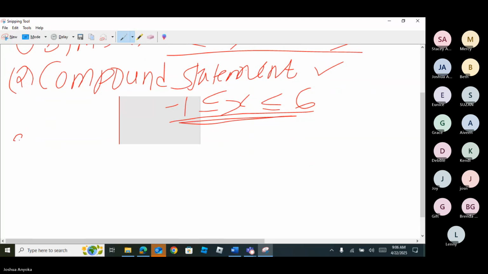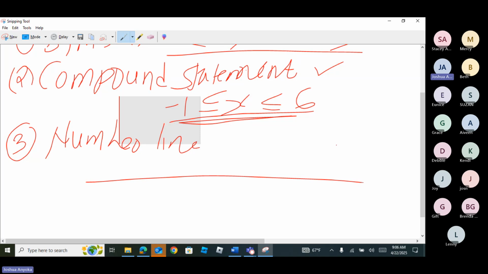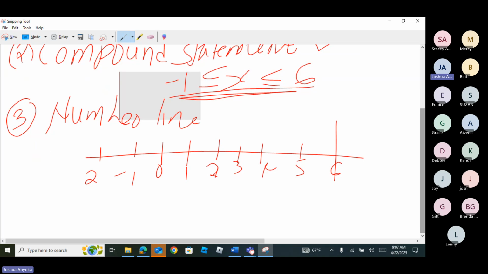Number 3, we are supposed to know how to present the solution on a number line. Like what we have in this case, we have 6, 5, 4, 3, 2, 1, 0, -1, and -2. How can we represent this one on a number line? We circle the boundaries. First the boundary is 6, another boundary is -1.